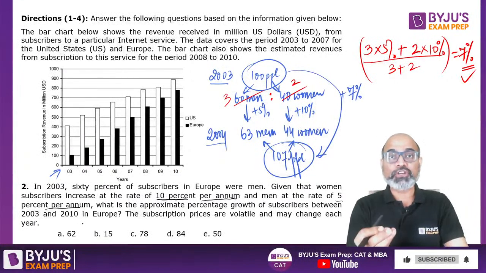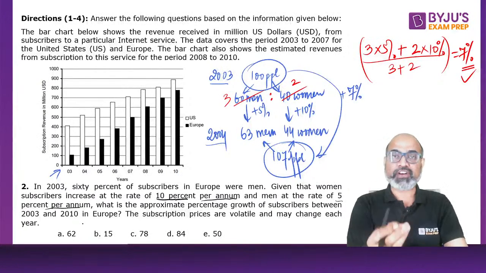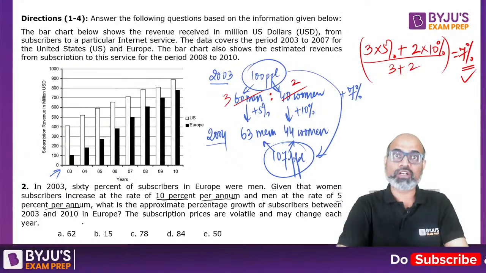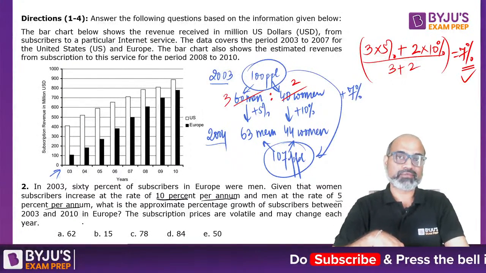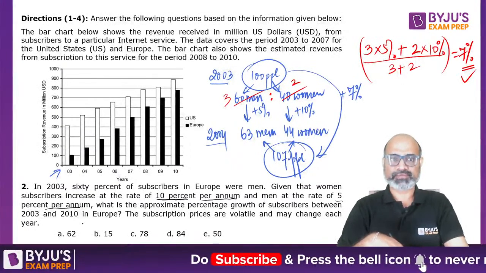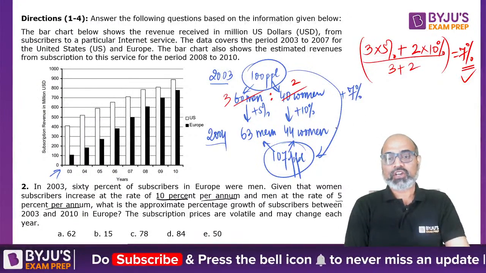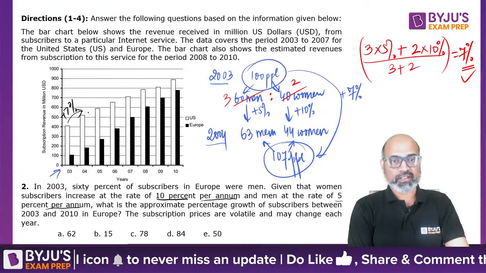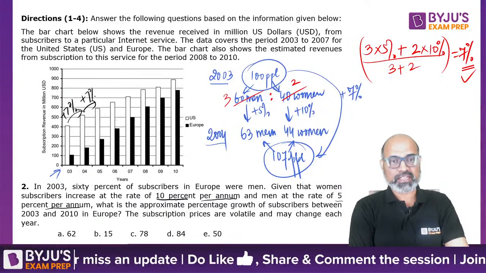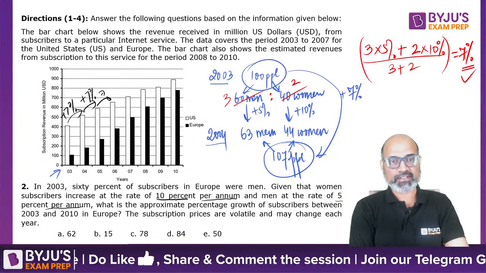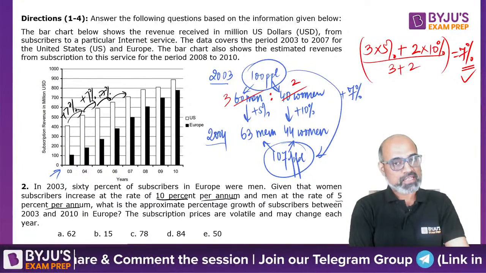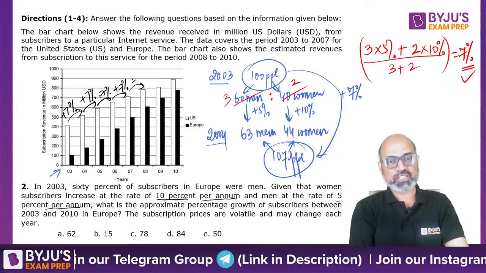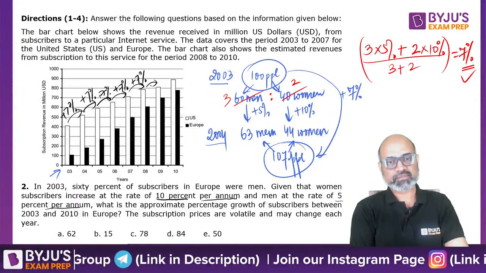So if you are going to use 10% for women and 5% for men, it is only going to help you figure out what the next year values are going to be, isn't it? So a 7% increase over here and another 7% increase over here, again a 7% increase over here. So how many 7% increase will happen from 2003 to 2010?